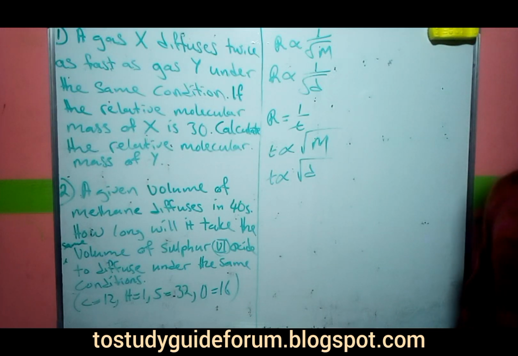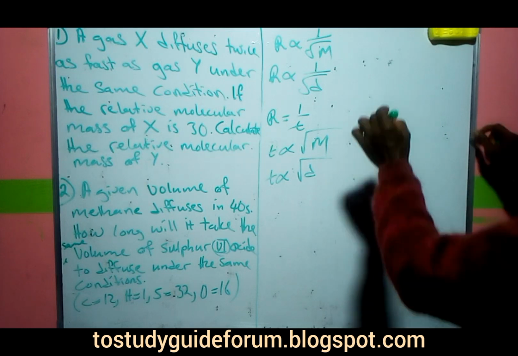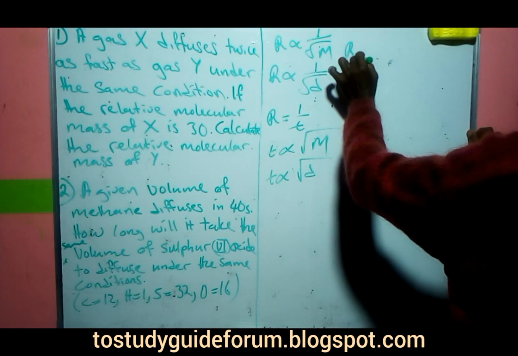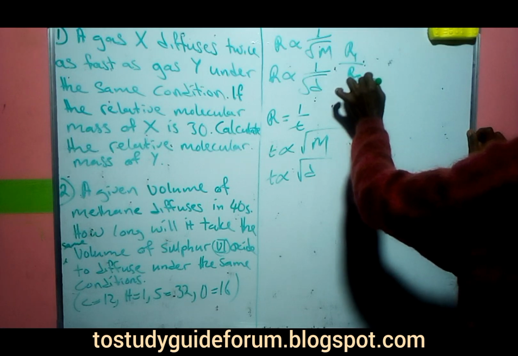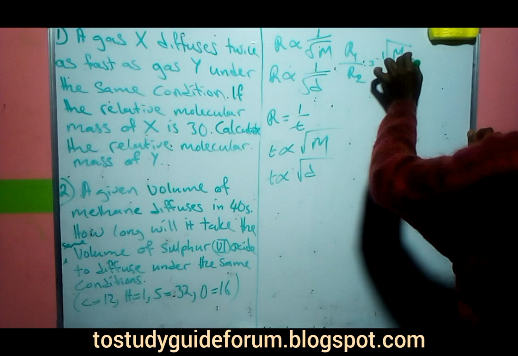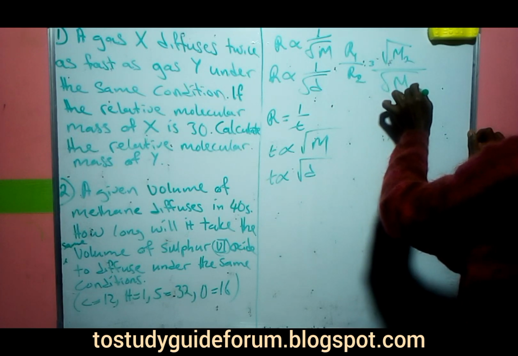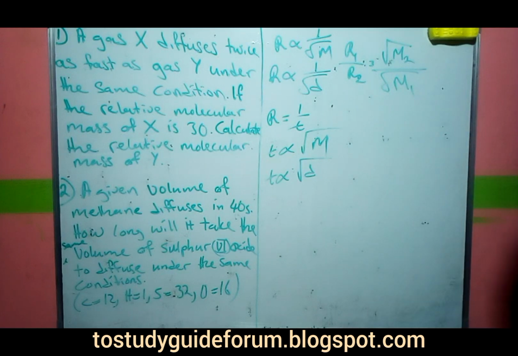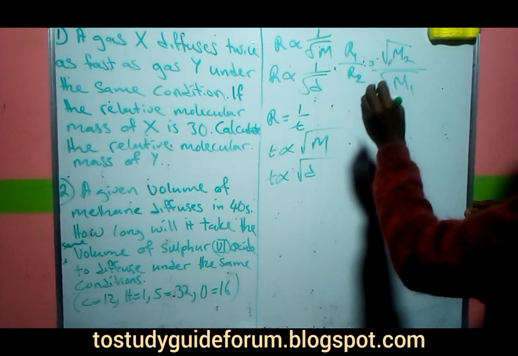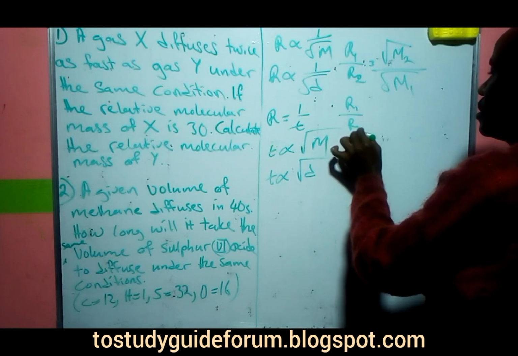If we are comparing two gases, then what we're going to do here is gas 1 over gas 2, which will give us the square root of relative molecular mass of gas 2 all over the square root of relative molecular mass of gas 1. For the density, we have the same thing.